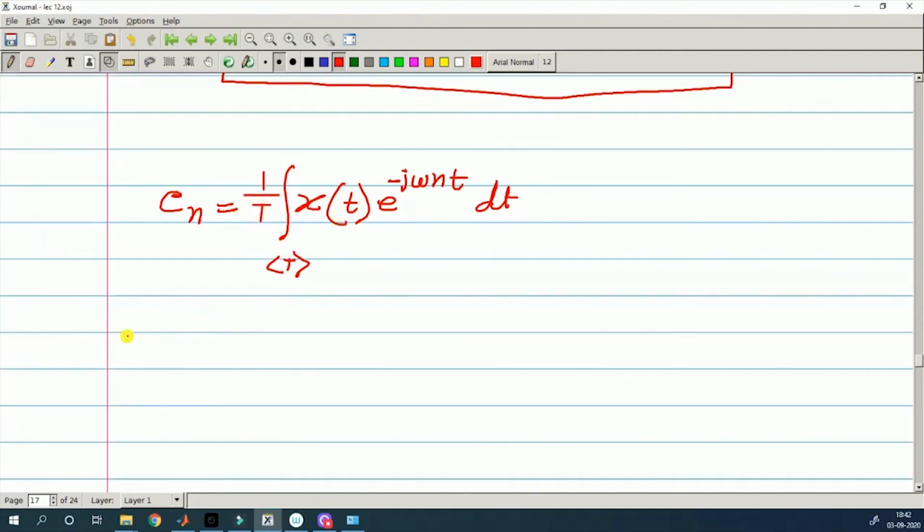Now suppose x is a real valued signal. That means x takes only real values, which is true for any practical real life signals. We have never seen a complex signal in real life. Voltage signal, current signal, speed, position, anything can take only real values.